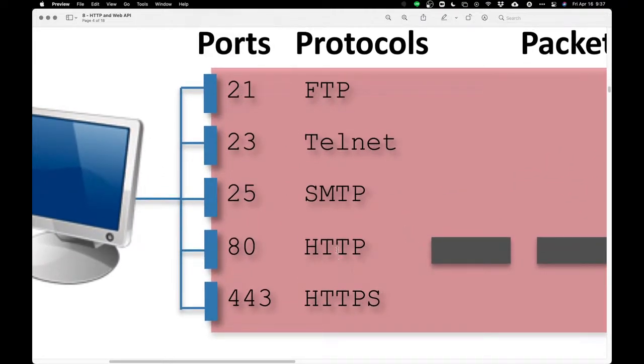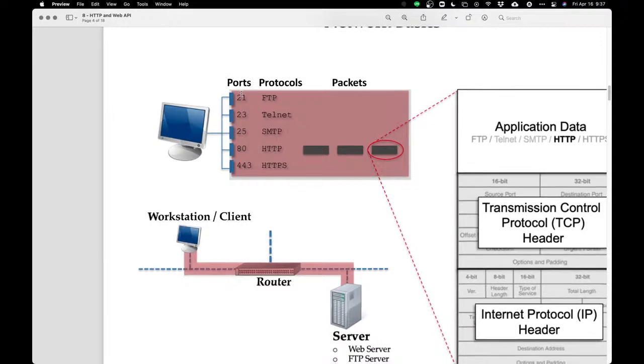For example, HTTP or web communication is typically, not always, over port 80. Applications interested in web traffic can listen to port 80 for all incoming web traffic. FTP, port 21, etc.